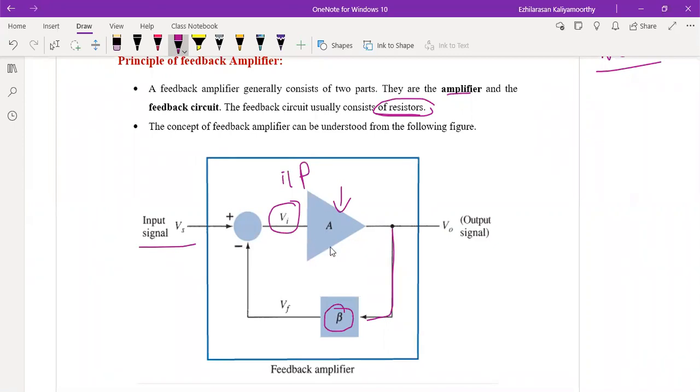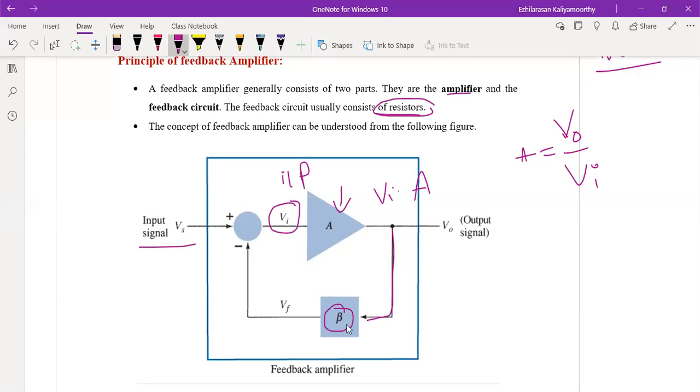The input voltage is given to the amplifier, and then I get an amplified version. What is V naught? V naught is equal to Vi into A. Keep it in mind: A is the gain factor. As we already studied, A is equal to V naught by Vi, so V naught is equal to A into Vi.